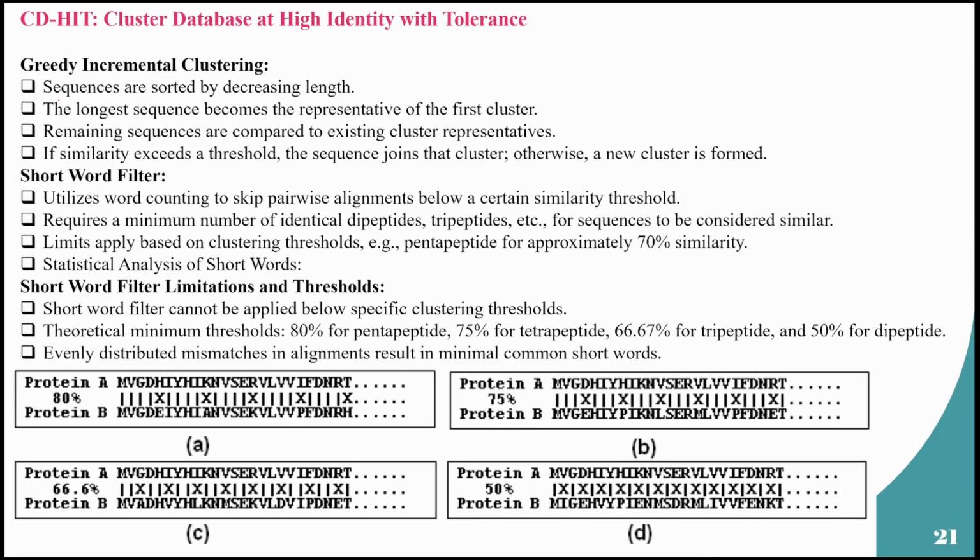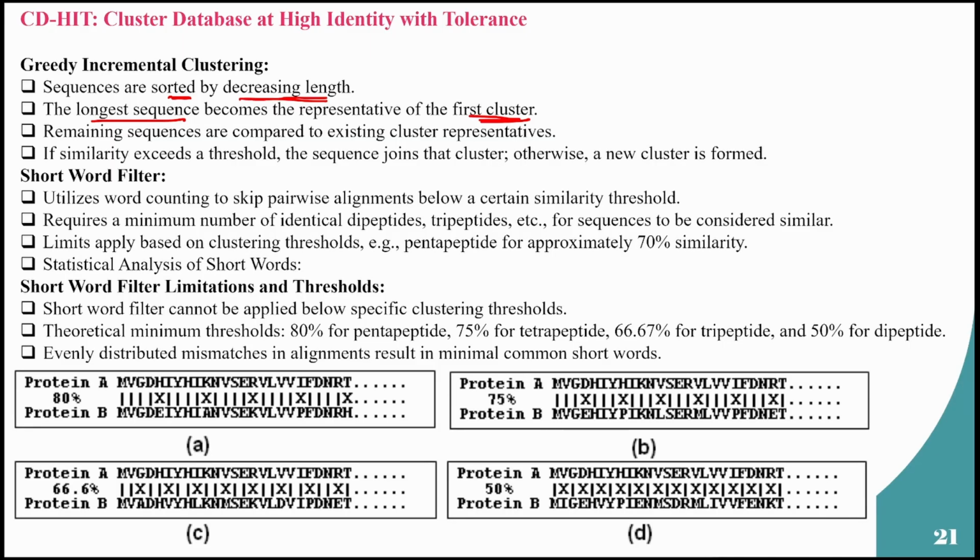So CD-HIT first sorts the sequences that you are giving by decreasing length. Okay, so that's number one. And then the longest sequence becomes the representative of the first cluster. So after ordering the sequences by length, the longest sequence is taken, and that's your cluster one.